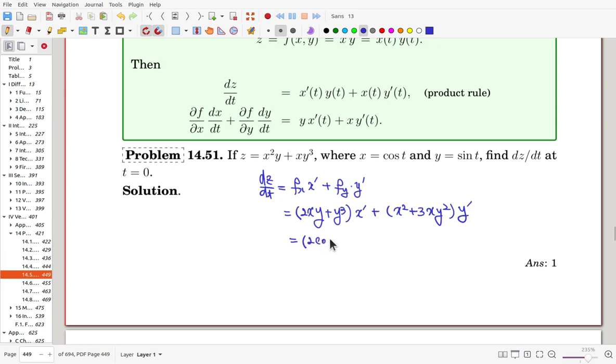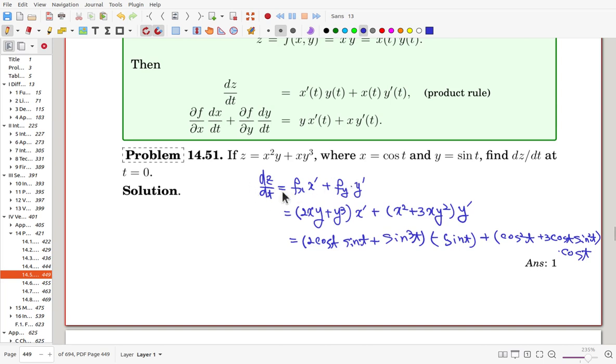Then 2 cosine t sine t plus sine cubed t, and x prime is now minus sine t, right? And then that is now cosine squared t, plus 3 cosine t sine squared t, times y prime, which is cosine t. So that is the final answer for this term.